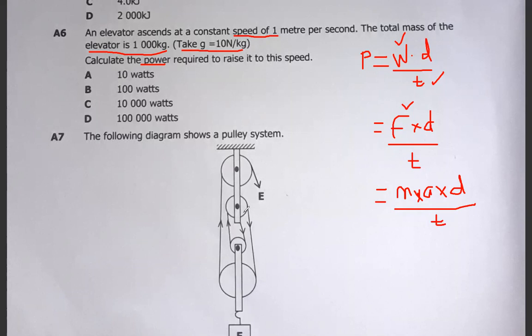What else do we know? We know that acceleration is equal to speed over time, which we can say as velocity over time. Basing on that, the acceleration that we have there is acceleration due to gravity.